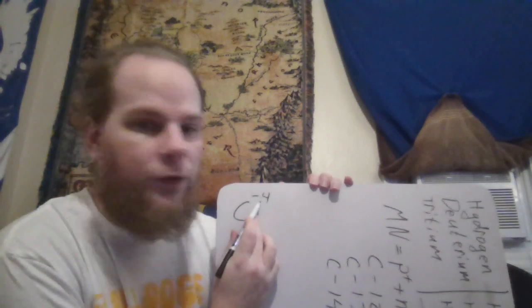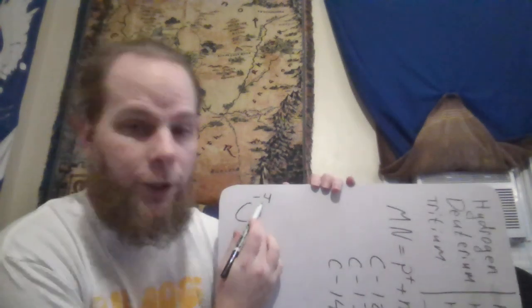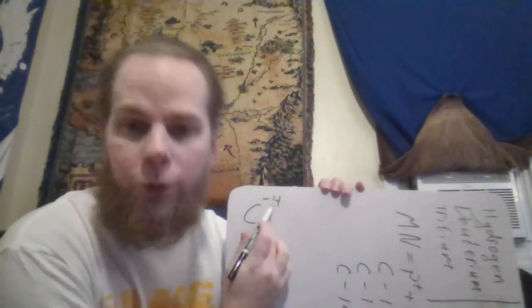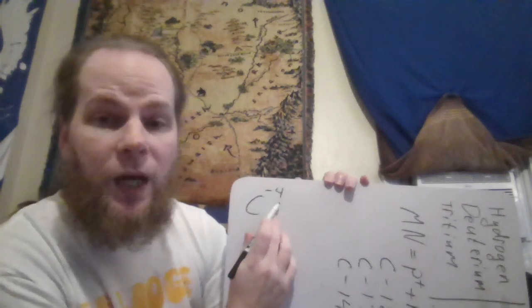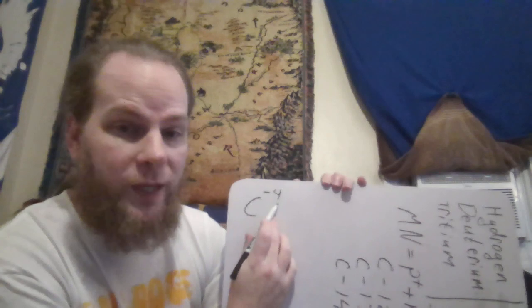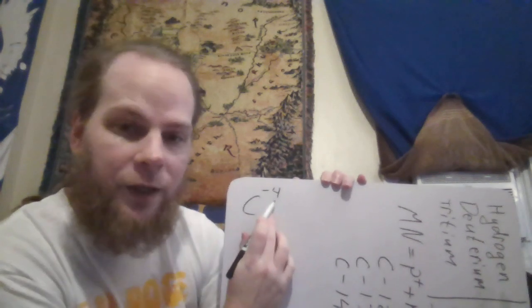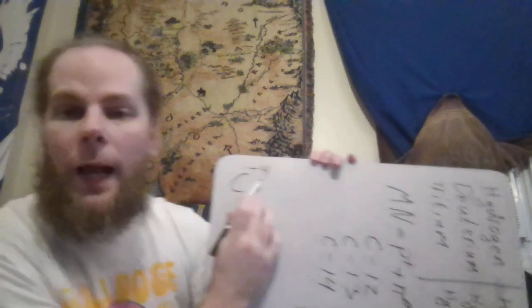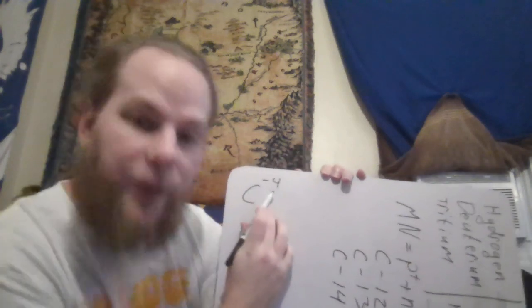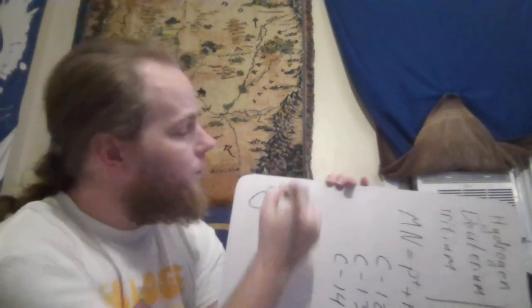The ionic charge is always written as an exponent, and you're going to see that in several different notations as we go through this unit. This is the ionic charge, or the ion. This is the identity of the ion. It's a -4. Well, how many electrons does it have? Because that's what we want to get from the ion.